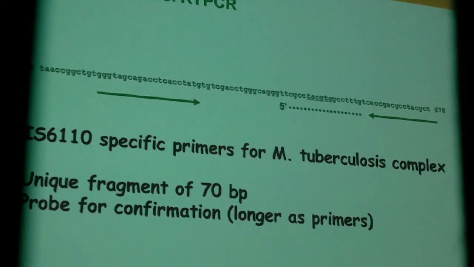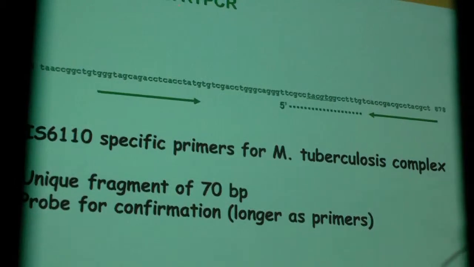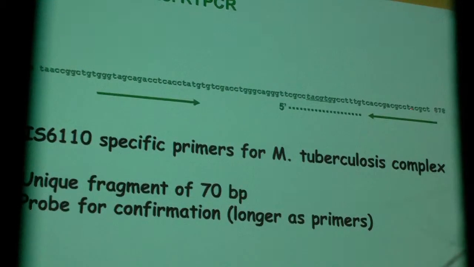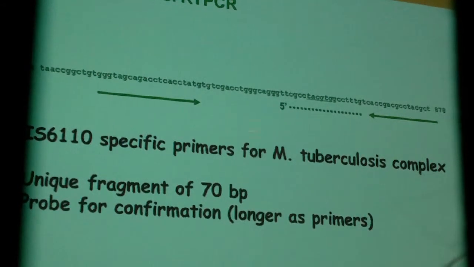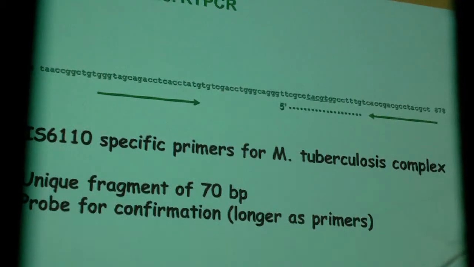For example, for detection of Mycobacterium tuberculosis, we have this real-time PCR, and you find on the DNA a very specific region which is only present in tuberculosis. You develop two primers and this probe, which is the real-time principle. Then you really know that when this is positive, Mycobacterium tuberculosis is in your sample. But when it's negative, are you sure that there's no Mycobacterium tuberculosis in the sample?